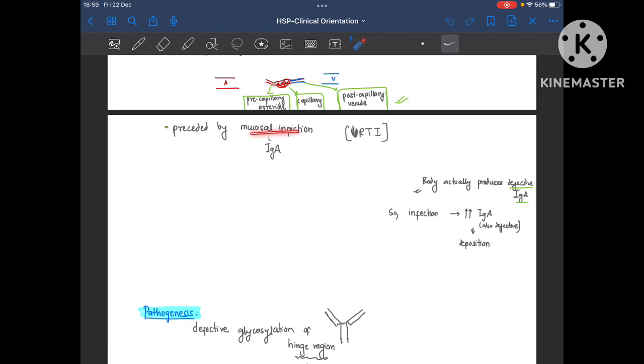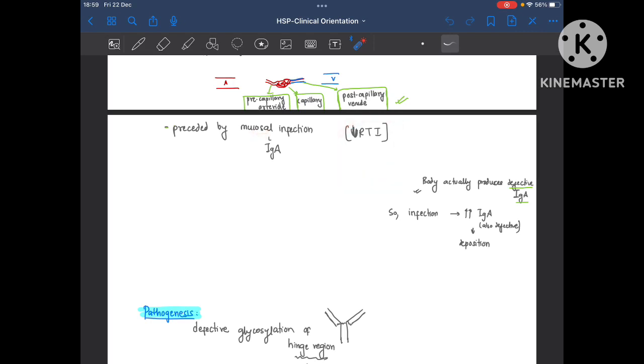It is preceded by a mucosal infection. When there is a mucosal infection, the local immunity kicks in, and the IgA levels will be increased, right? Mucosal infections like upper respiratory tract infection, GI infection, and urinary tract infection all involve the mucosa.